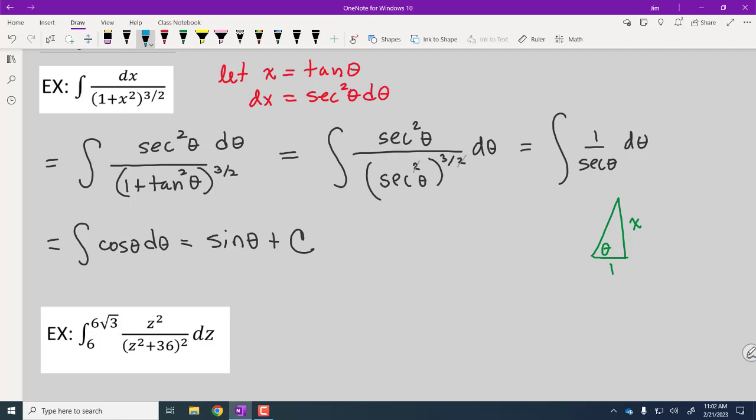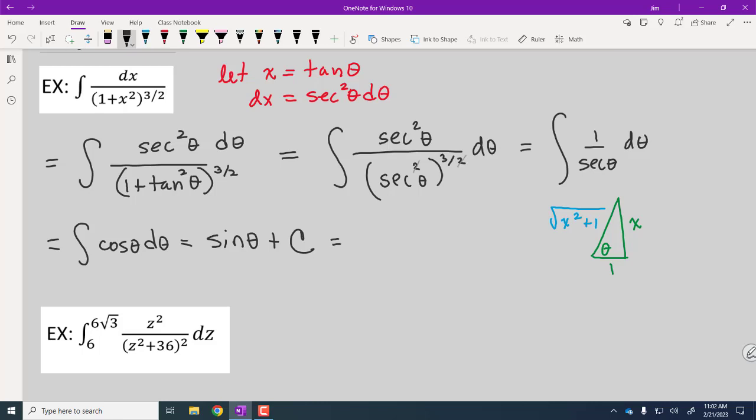And now we do the hypotenuse. That's going to be the square root of x squared plus 1. And that should match something up here. Yes, we see an x squared plus 1 there. It should line up pretty closely. If it looks completely different, then there's a problem.